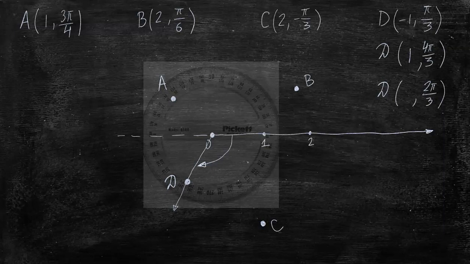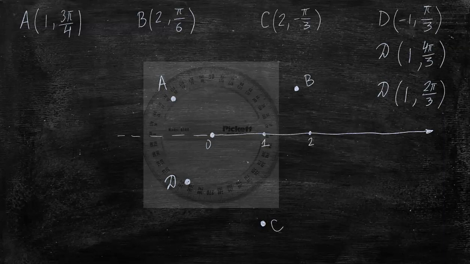And then in that case, to approach D, we would be moving in the positive direction of 2 pi over 3, exactly 1 unit. So it turns out that there is more than one way of writing coordinates of actually any point.